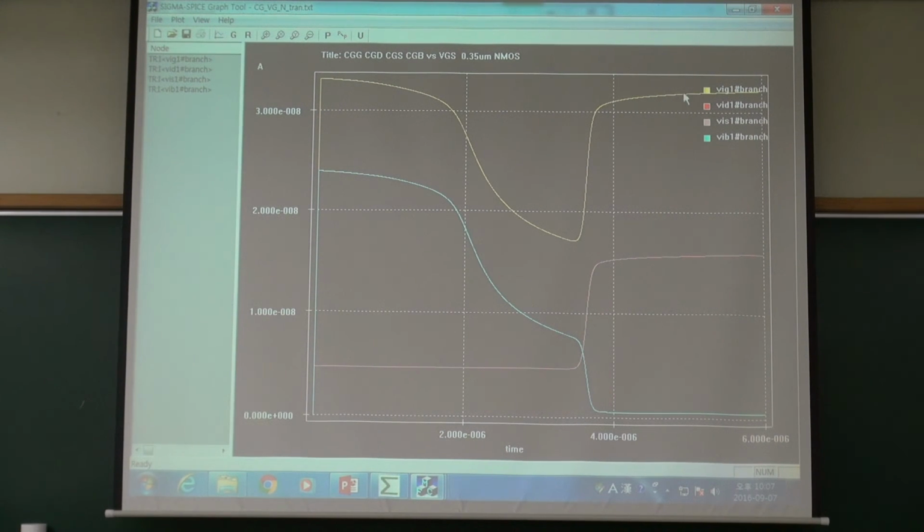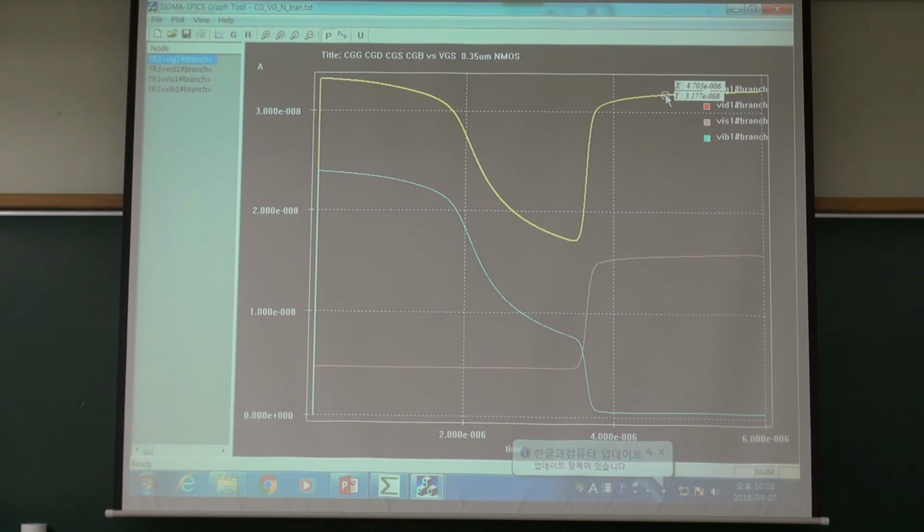So let's look at the total capacitance. This total capacitance value is what? Oh, I cannot find the value. Okay, here. It's around, wow, how come this is pretty large? Oh, I have to multiply by 10 to the minus 6 because of sweep rate.